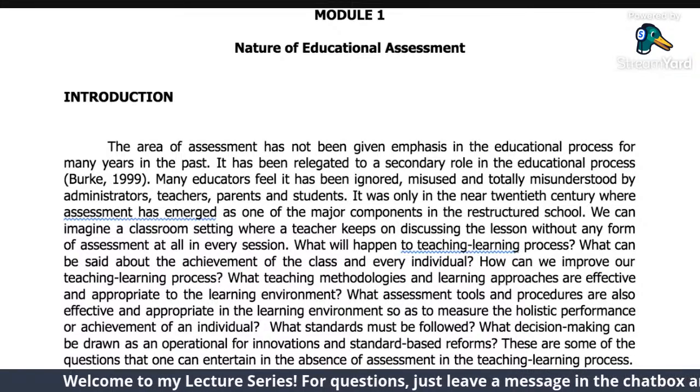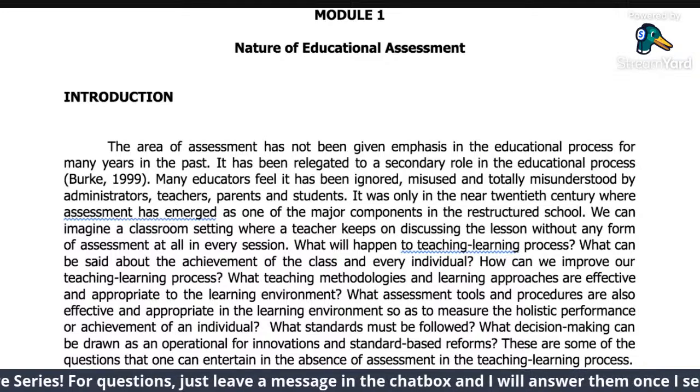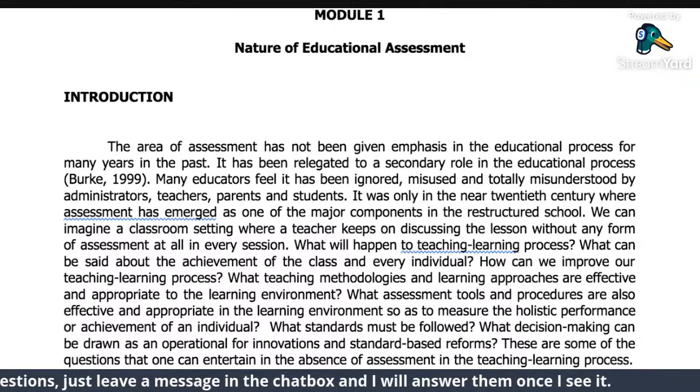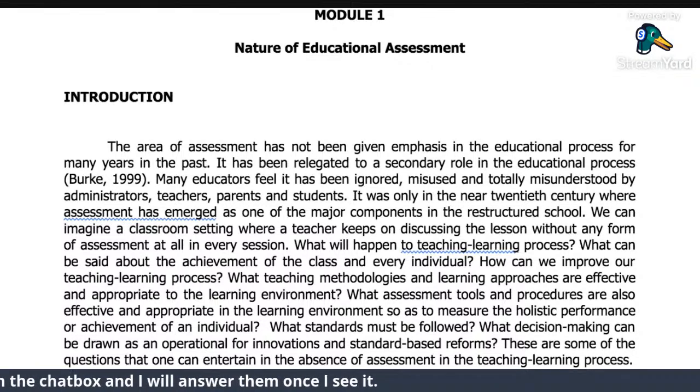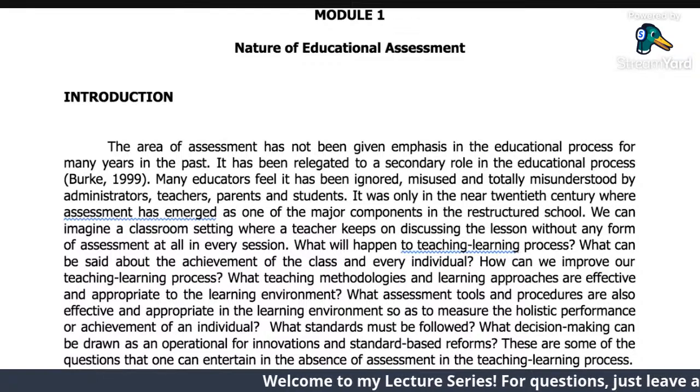Now, the first part of your module, of the entire course, is just a review of what assessment is, what educational assessment is, and among other things. So now let's go over your module number 1.